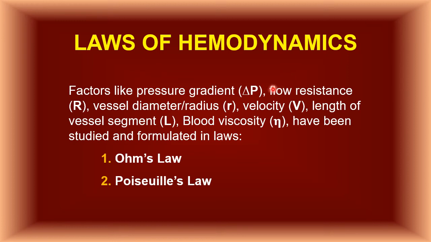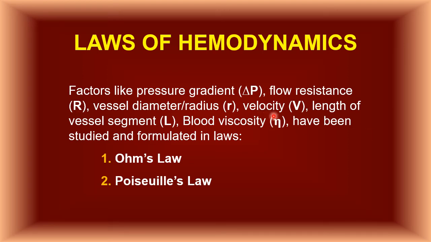These are delta P, the pressure gradient; the resistance to the flow, R; and the vessel radius. The radius is half of the diameter, and it is given the little r. This is the sign of the radius, and we need to make sure it is different from the big R, or capital R, which is for the resistance.